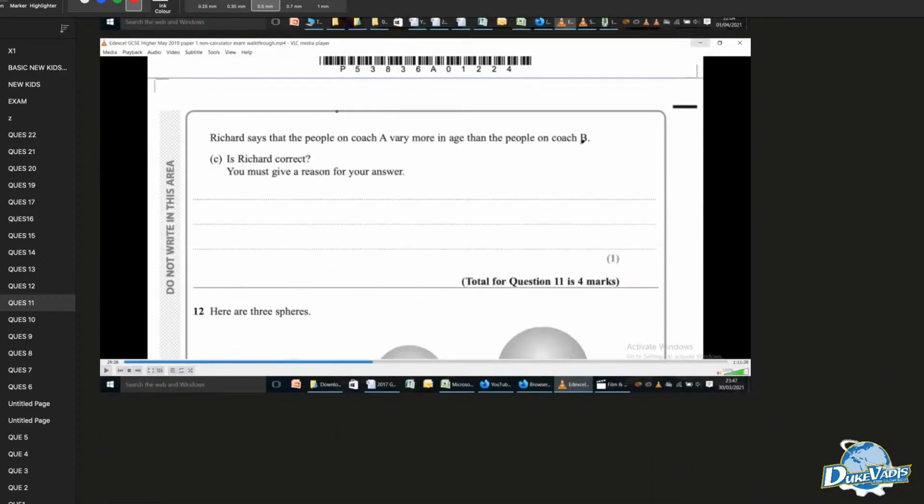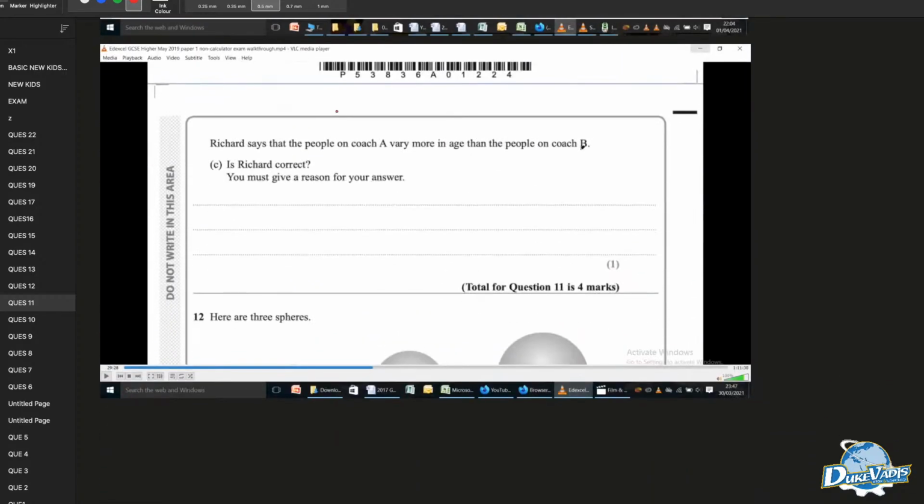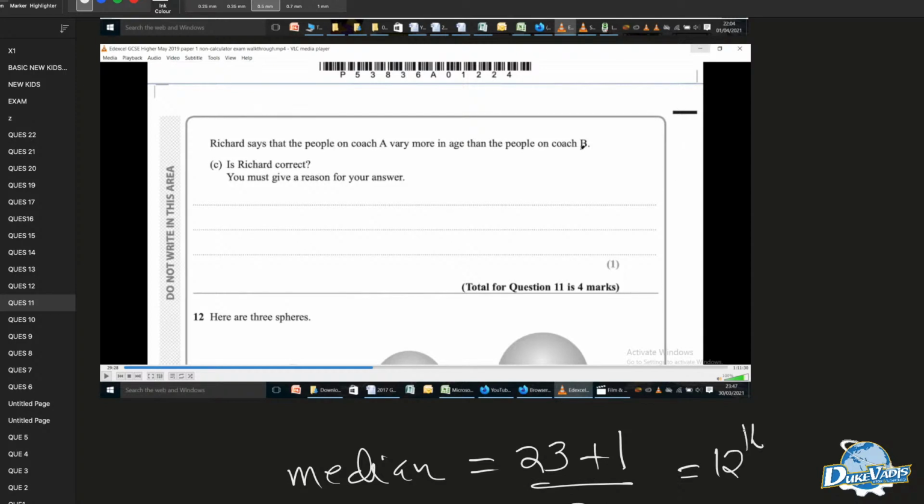So the median will be 23 plus 1, because we know there are 23 people, divided by 2. When we calculate it, this will give 12, the 12th position.